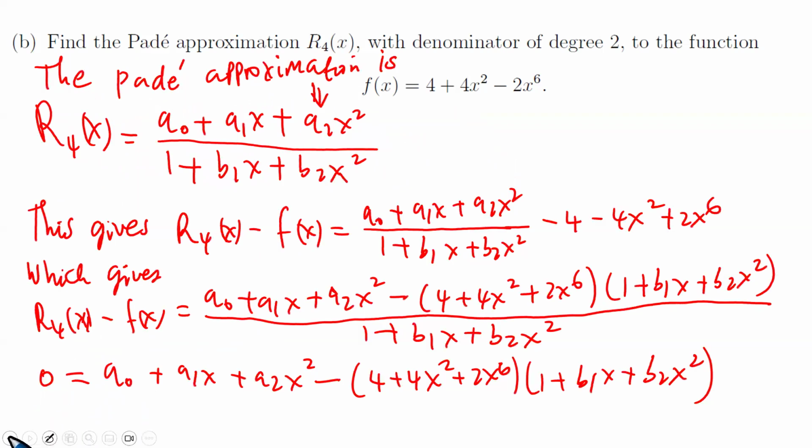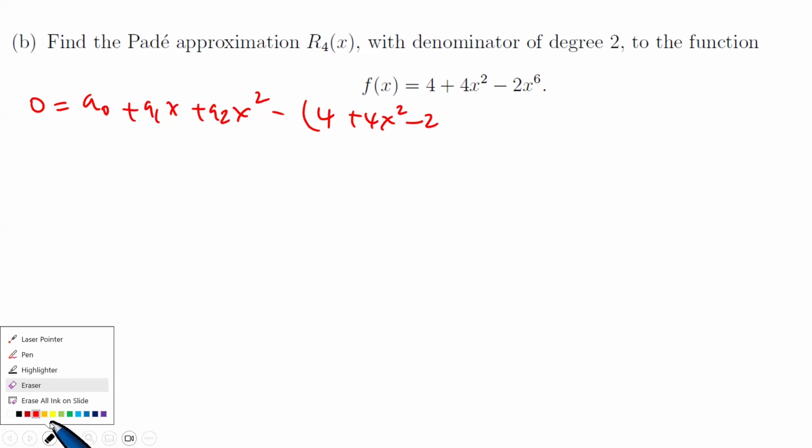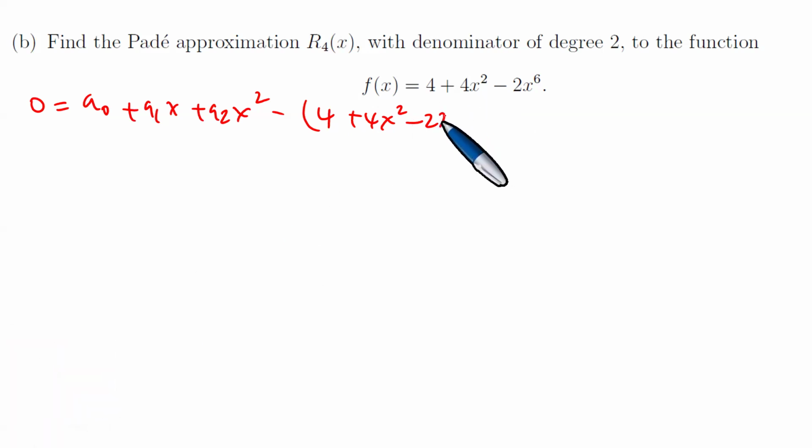See here. Right, so this is going to be negative. If you factor out this negative, it's going to be taking the same sign there. It's going to actually be 4 plus 4x squared minus 2x to the 6th power, and it's going to be negative 2x to the 6th power, which is exactly what we have here.